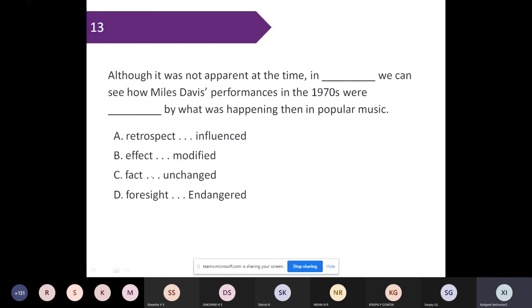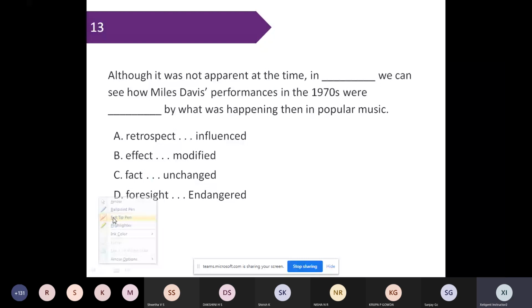Okay, most of you have given C as the answer, although it was not apparent at the time. "At the time" is the keyword.